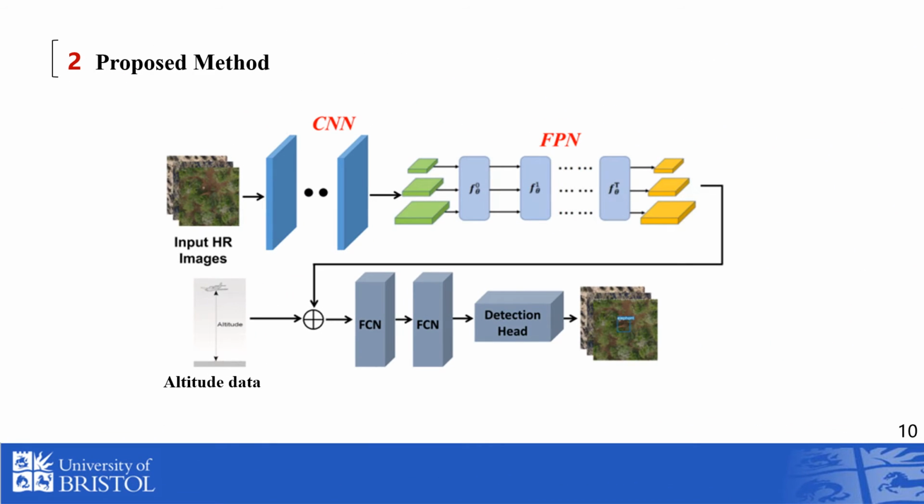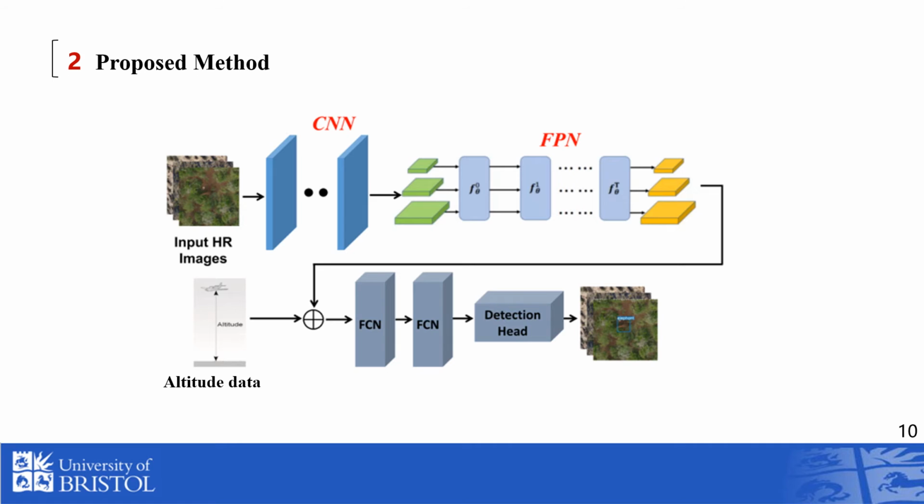Then we use the high resolution images as input of our altitude augmented module. First, the high resolution image is processed via a Darknet backbone and a feature pyramid network.